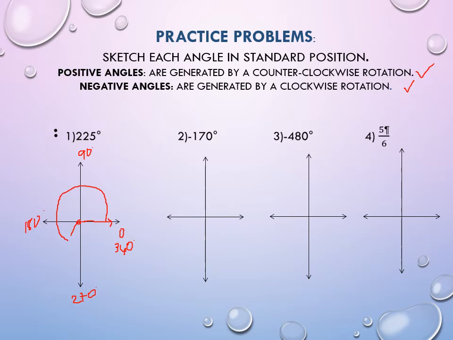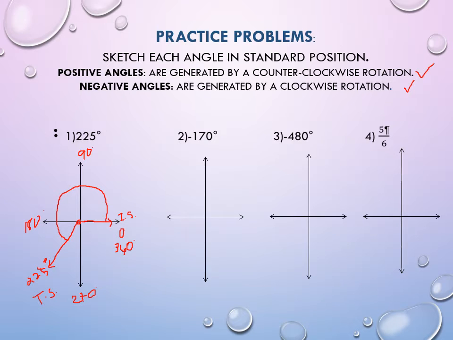We'll say that our terminal side is about here, and we will write 225 degrees. This was our initial side that is always at the origin, and this is our terminal side, and because it's positive, it's going against the hands of the clock.